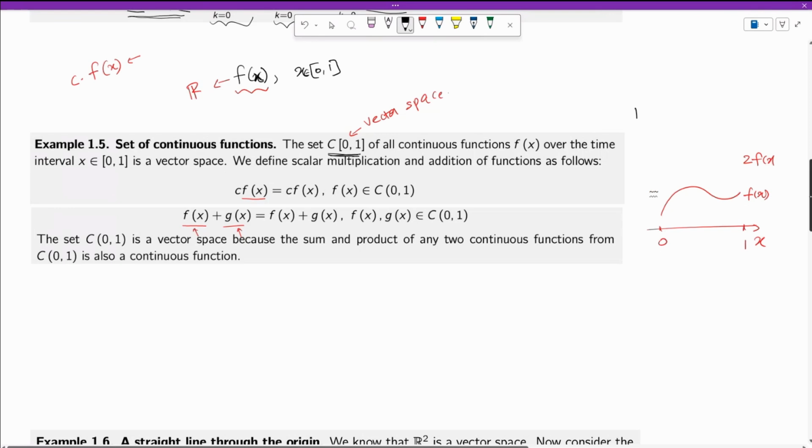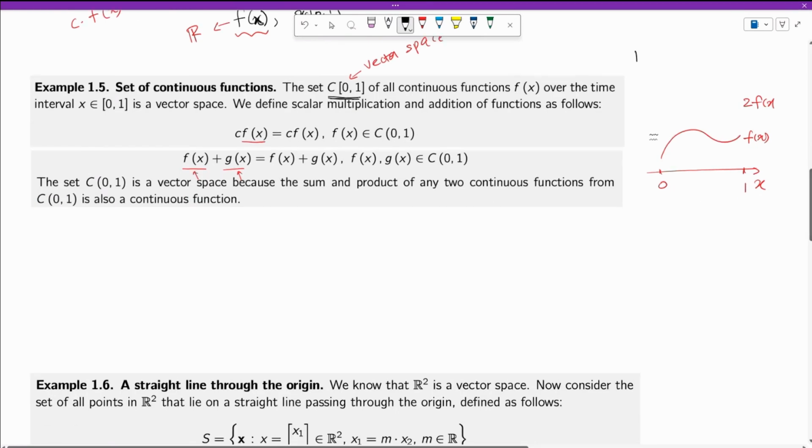And all of that rests on this idea of a scaling operation and an addition operation. And we know that geometrically, the two of them essentially produce flat spaces.